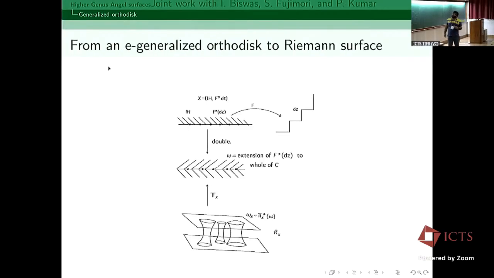So okay, now suppose we have two generalized orthodisks which have the same essentially conformal polygon cardinality.